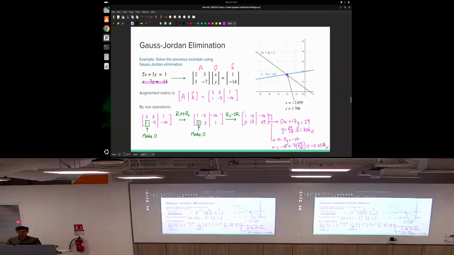Then I will get minus 2x minus 3y equals minus 1. So you can see that this second plane is just minus 1 multiplied by this row. Let me call this row 1. It is minus 1 times row 1.